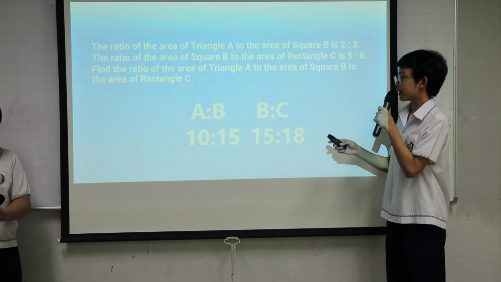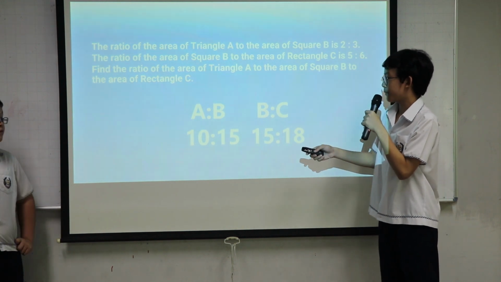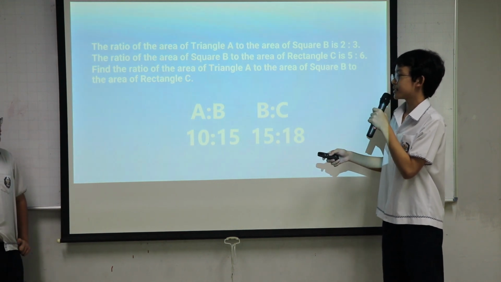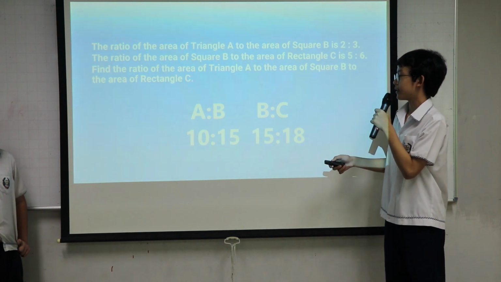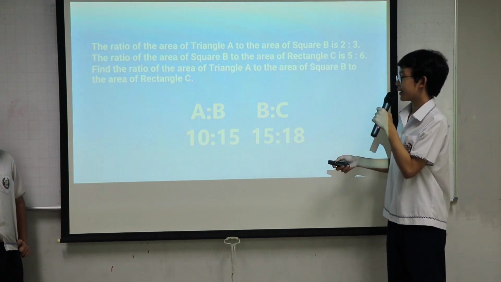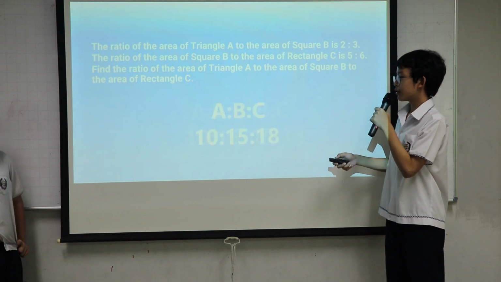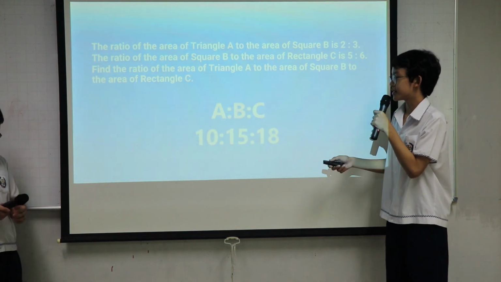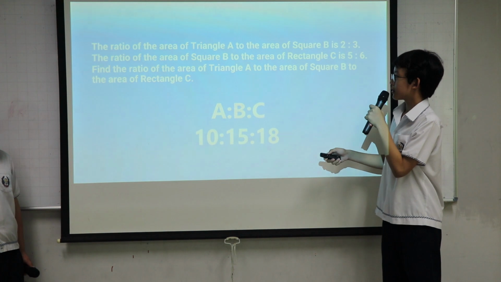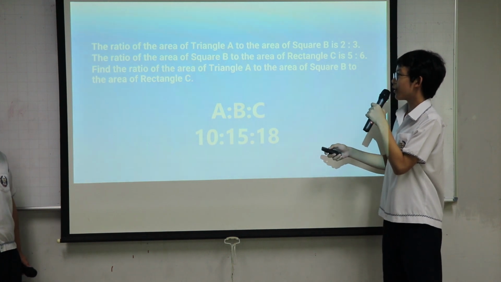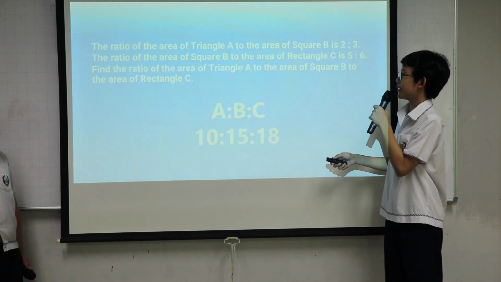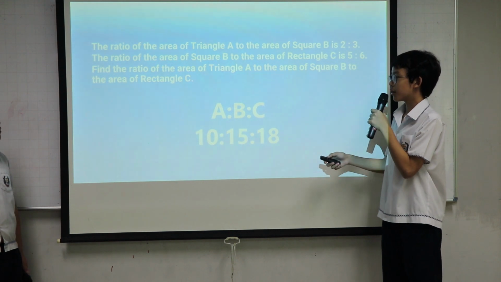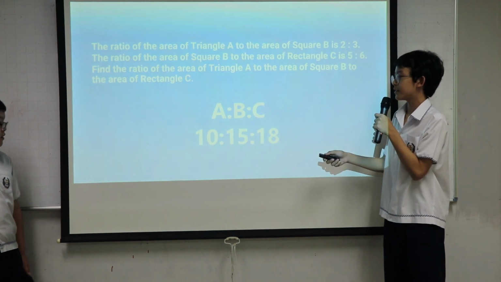And now you would get the same for B. So A to B is 10 to 15 and B to C is 15 to 18. And now you can finalize the answer. So the answer for triangle A to the area of square B to the area of rectangle C is 10 to 15 to 18.